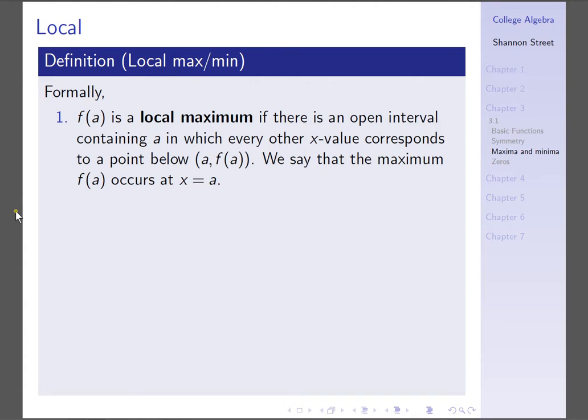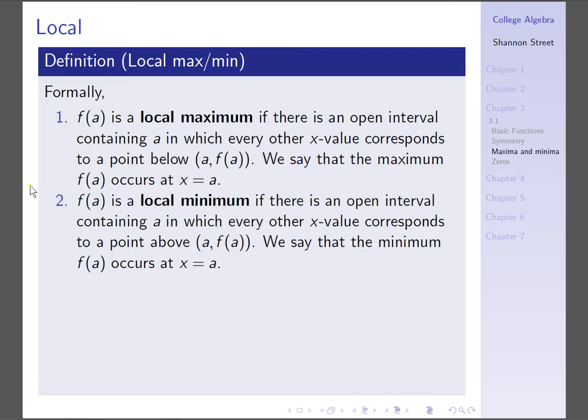Now this is in contrast with the idea of a local maximum. A local maximum is basically the x value corresponding with the highest point of your function. There is a local maximum at an x value a if every nearby x value does not make the function as big.